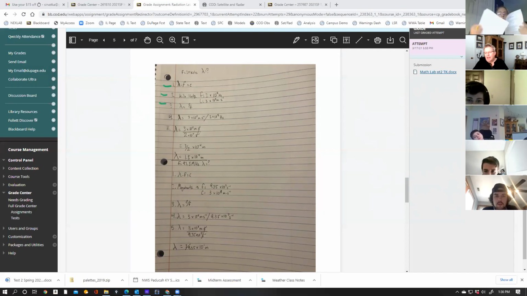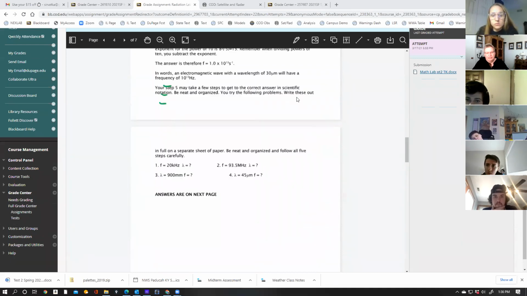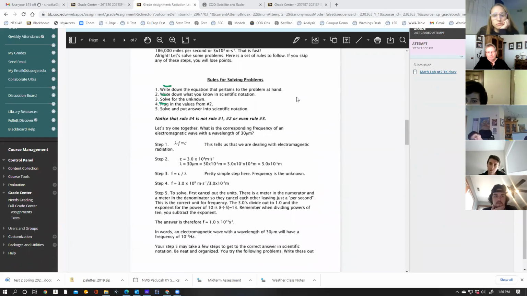That's a good way to do that. And this is true of any problem solving. What's the first step? The first step is write down the equation that pertains to the problem at hand. So you write this equation because that is the relationship between wavelength, frequency, and the speed, propagation speed.